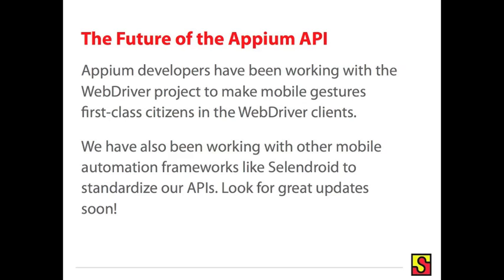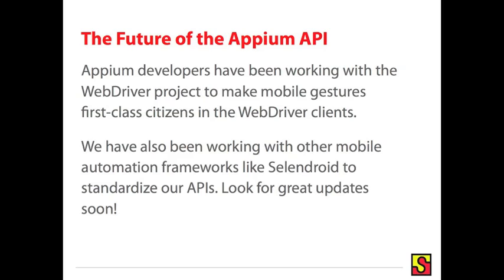So to help alleviate both of these pain points, Appium's developers have been working hand in hand with the WebDriver project to make, for example, the mobile gestures that are currently accessible by using execute script first-class citizens in the WebDriver clients themselves.